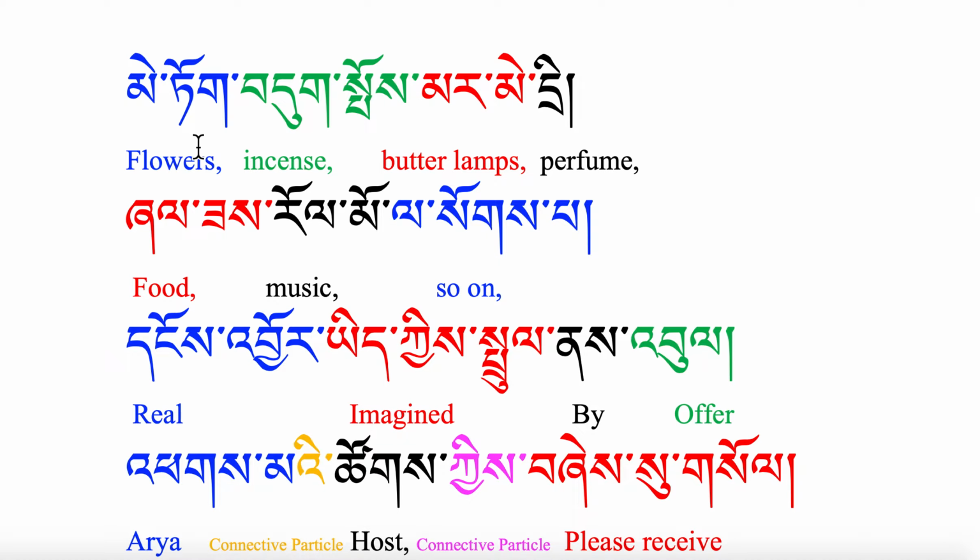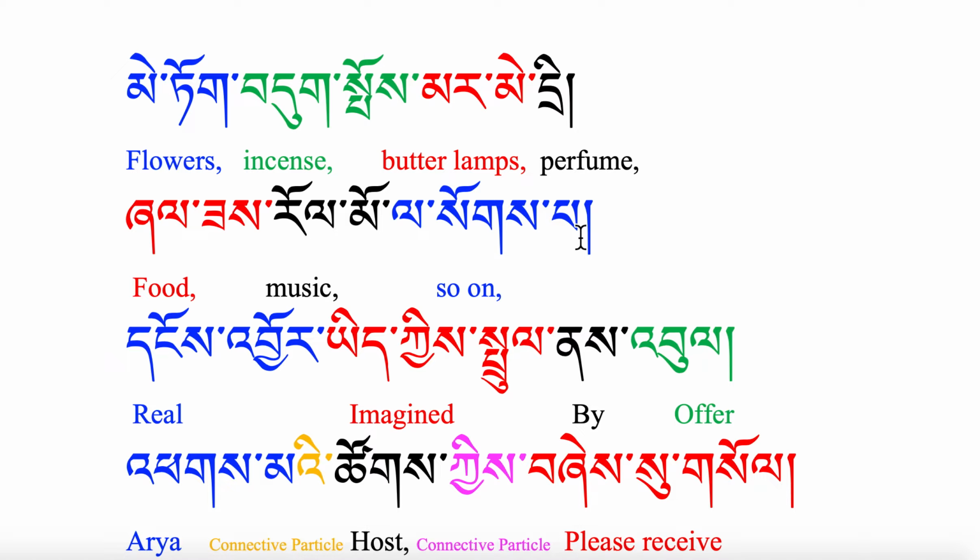Okay, me tok is flowers. Duk pe is incense. Marme is butter lamps. Ti is perfume. Shal se is food. Rolmo is music.